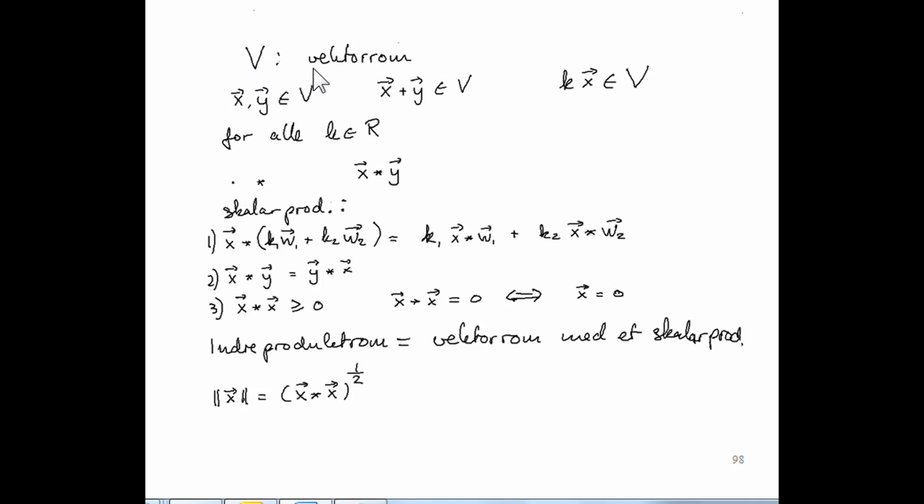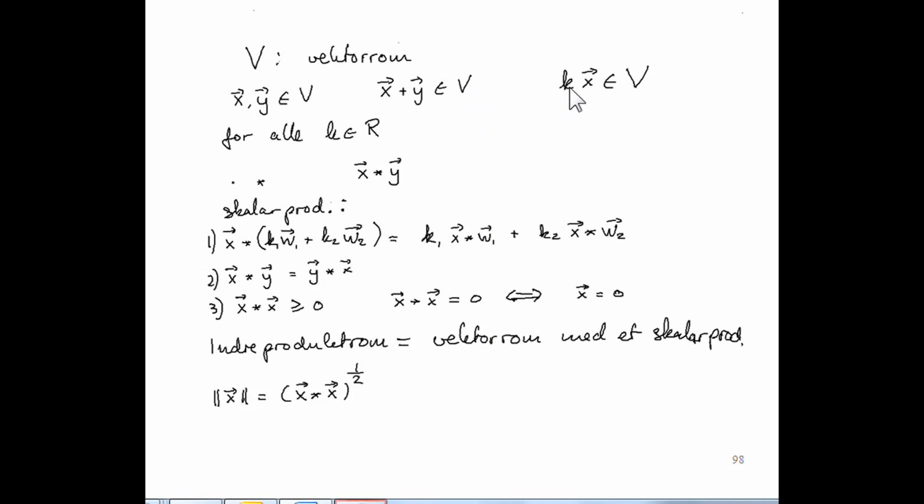What is a vector space? A vector space is a set, and its members are called vectors. If we have two arbitrary vectors x and y, and we add these vectors, we get another vector which is also a member of this vector space.